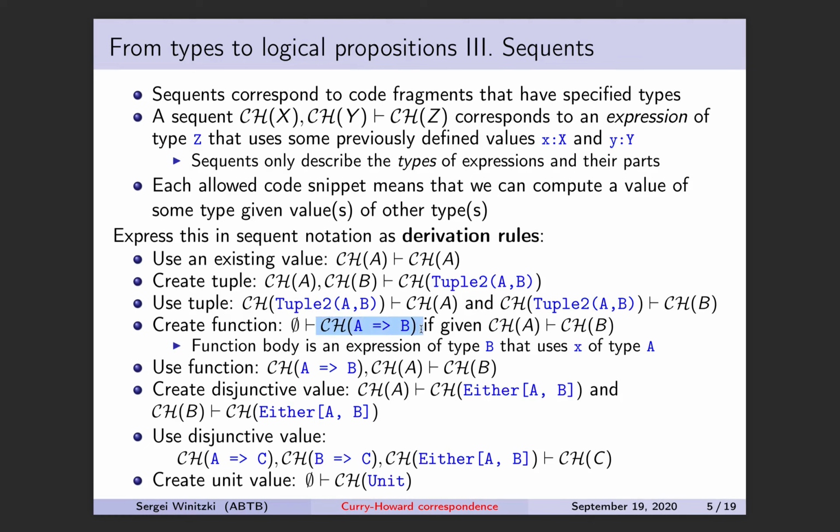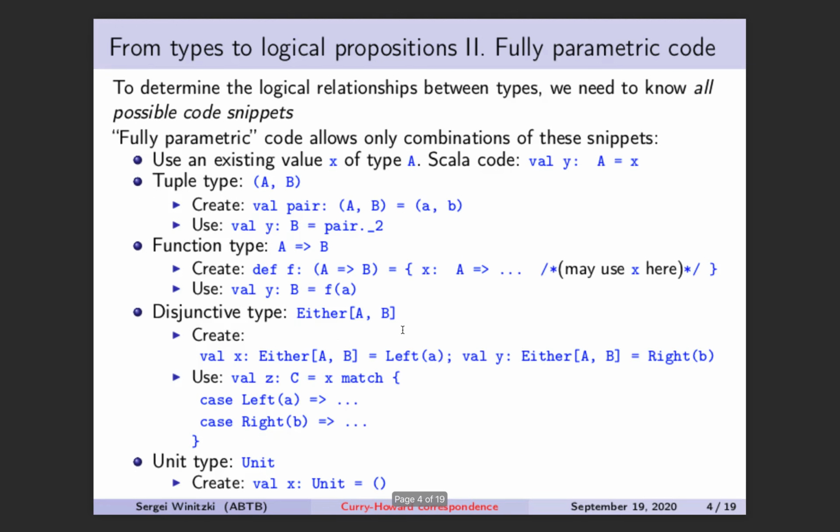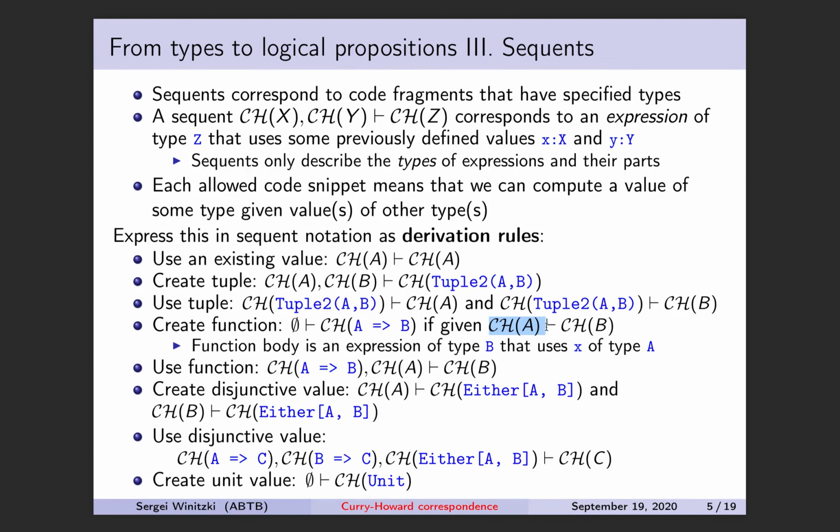To create a function, we get a function a to b that does not necessarily use any other data, but what we need is an expression here. This expression must be something of type B that may use x of type A. So that is itself a sequent, which is this.